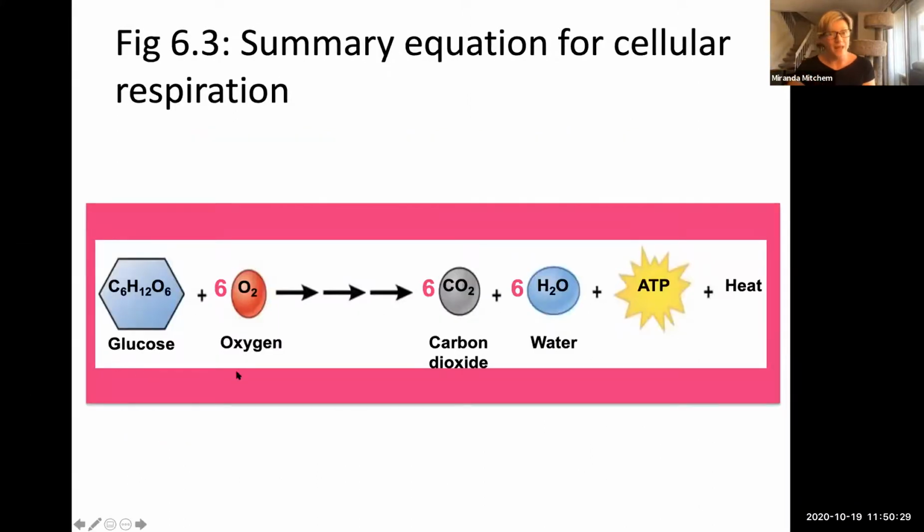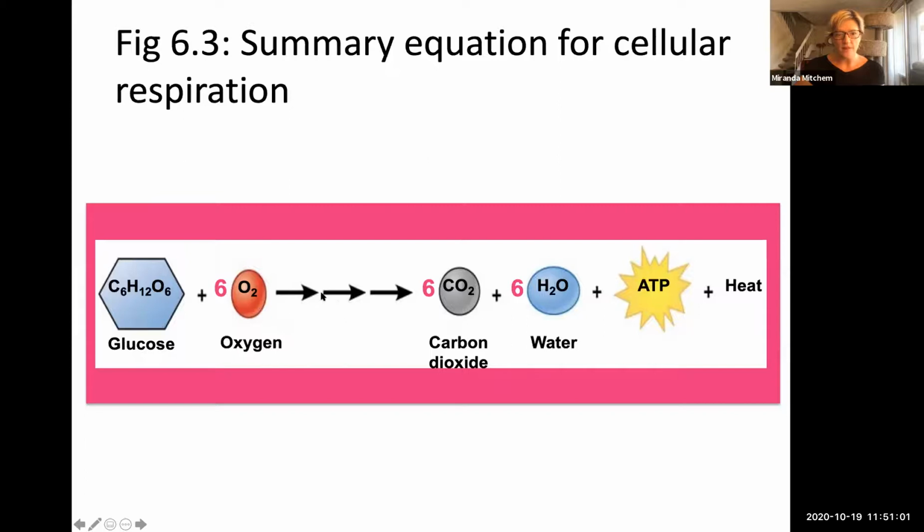All right, now this is the balanced chemical equation for cellular respiration. It begins with a molecule of glucose reacting with 6 molecules of molecular oxygen to produce 6 molecules of carbon dioxide, 6 molecules of water, and about 32 molecules of ATP, providing we go through all 3 of the main stages of cellular respiration.